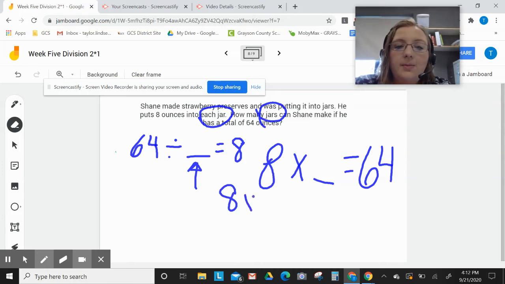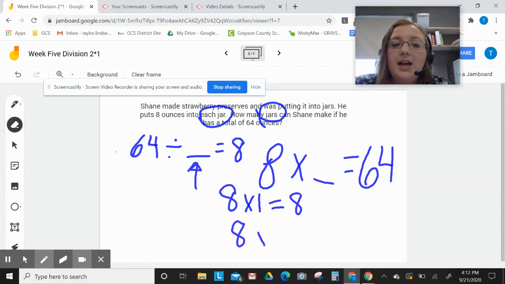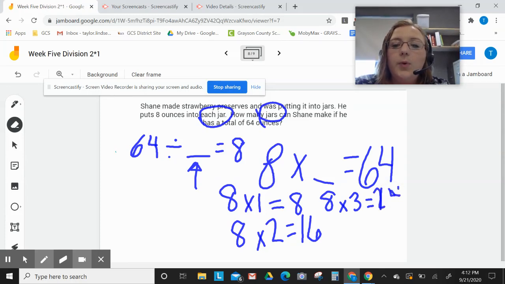So 8 times 1 is equal to 8. 8 times 2 is equal to 16. 8 times 3 is equal to 24. And then 8 times 4 is equal to 32.